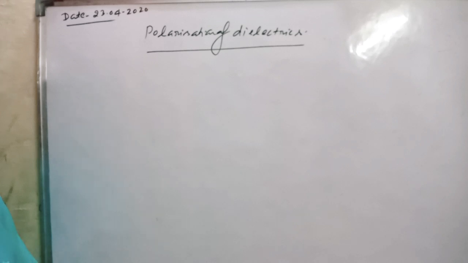If there is an electric dipole, then there is an electric dipole moment. That means when a dielectric is placed in an external field, there are induced electric dipole moments. This process of inducing electric dipole moment is called polarization of the dielectric.